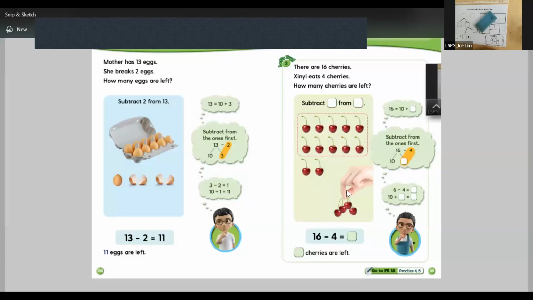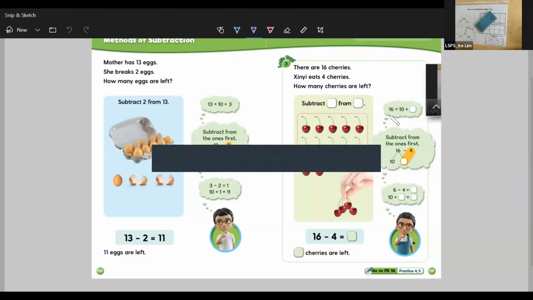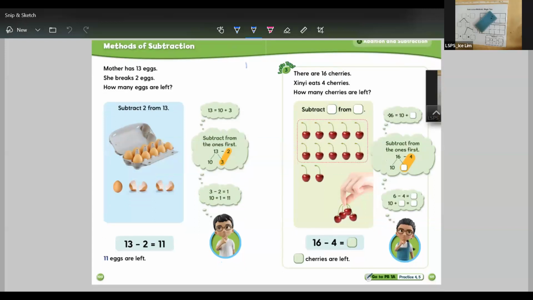Look at the textbook. On this page 100, are you looking at it now? Let's take a look at this story.